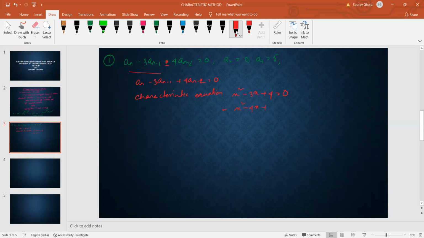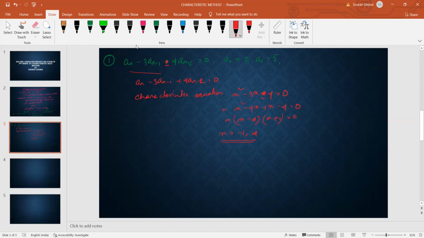This one is minus. The recurrence relation is a_n - 3a_{n-1} - 4a_{n-2} = 0, so the characteristic equation is x^2 - 3x - 4 = 0. Factoring, we get (x - 4)(x + 1) = 0. Sorry for the confusion. So from here, x = -1 and 4. So the roots are real and distinct.